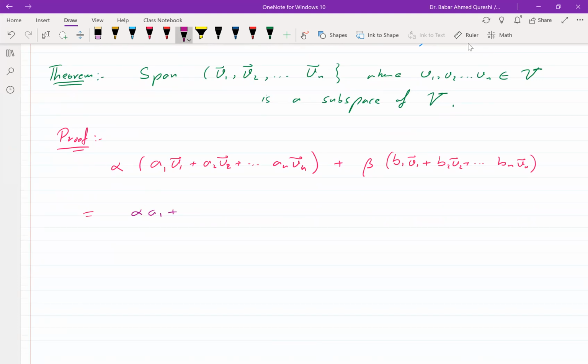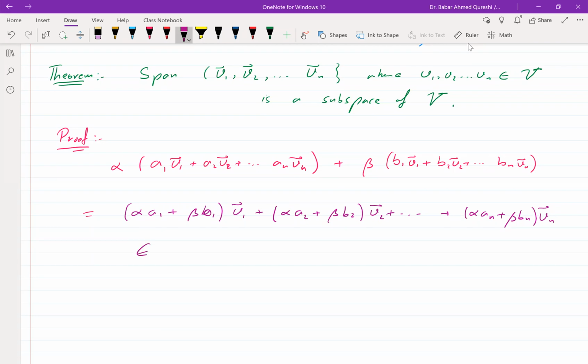I can collect the coefficients of V1, similarly collect the coefficients of V2, and so on. But these are just again numbers. And in my span, I have all linear combinations of these vectors v1, v2 to v3 and to vn.